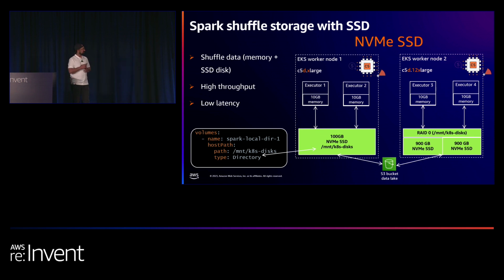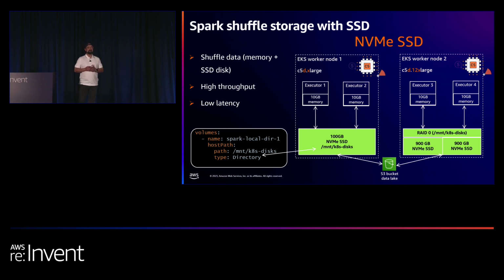You have 2 worker nodes, one is C5d.xlarge and another one is C5d.12xlarge. C5d.xlarge has 1 NVMe SSD attached, which is 100 GB. C5d.12xlarge has 2 NVMe SSDs attached.